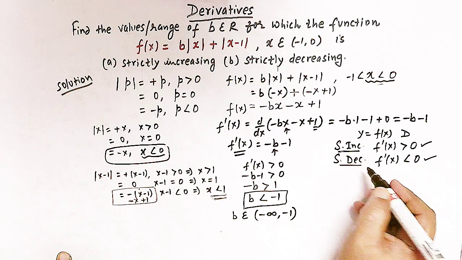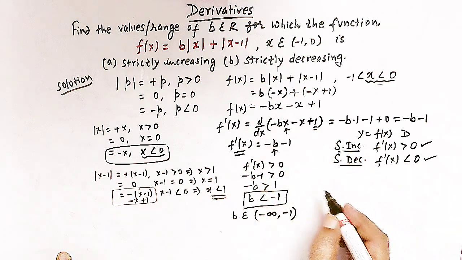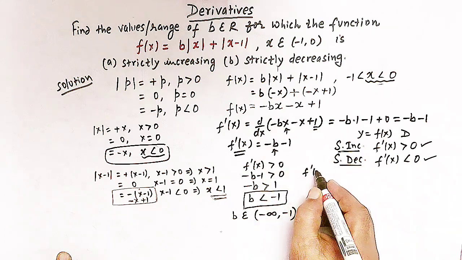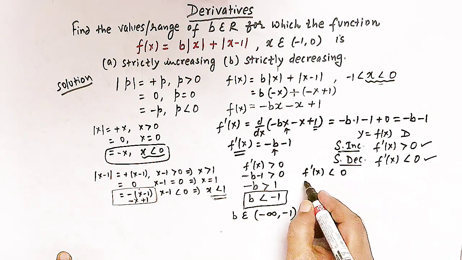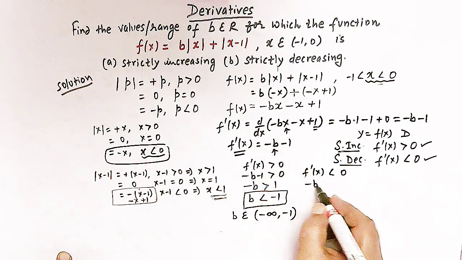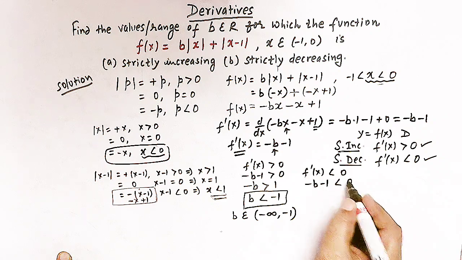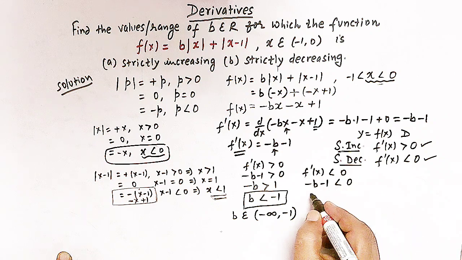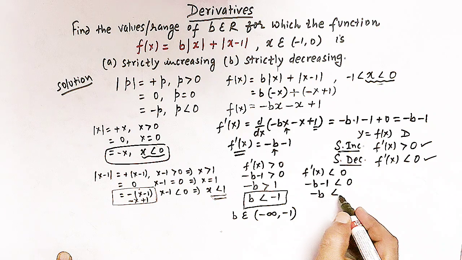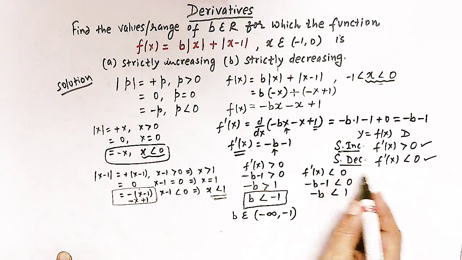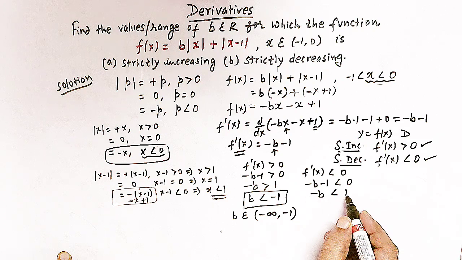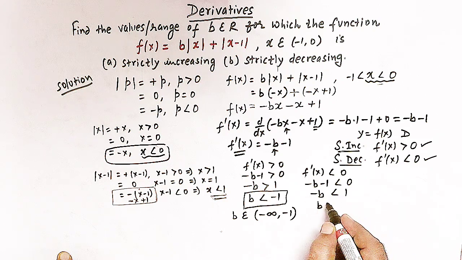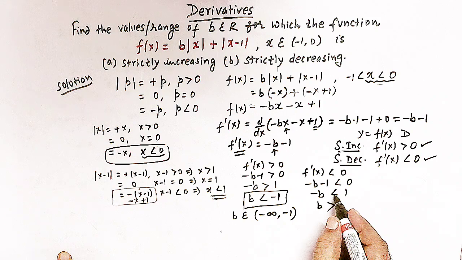The function is said to be strictly decreasing when f prime of x is less than 0. So minus b minus 1 is less than 0. Again solving this inequality, we have minus b less than 1. Multiplying both sides by negative 1, the direction of the inequality gets reversed, and we have b greater than minus 1.